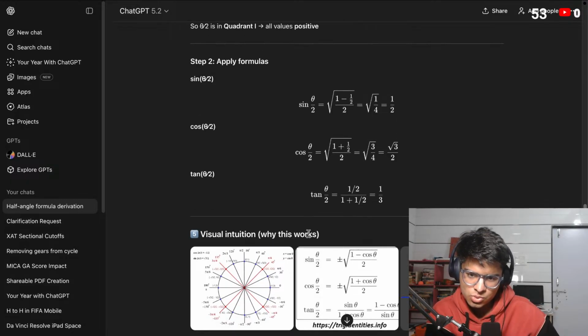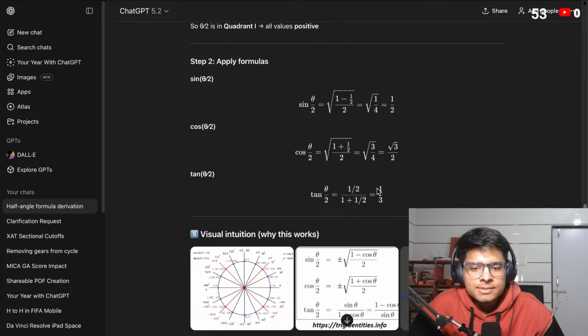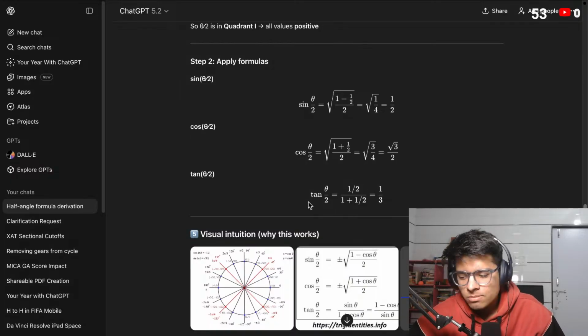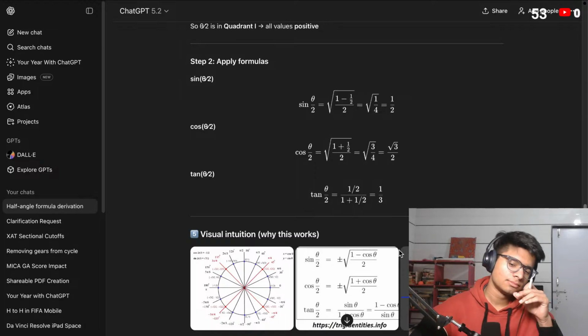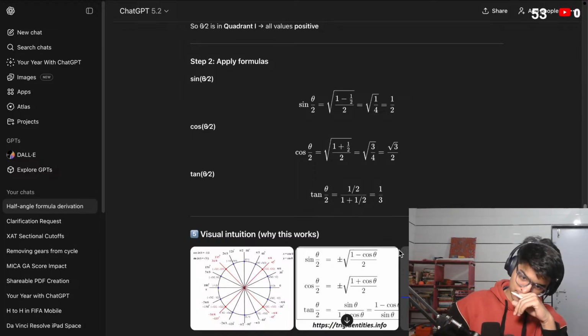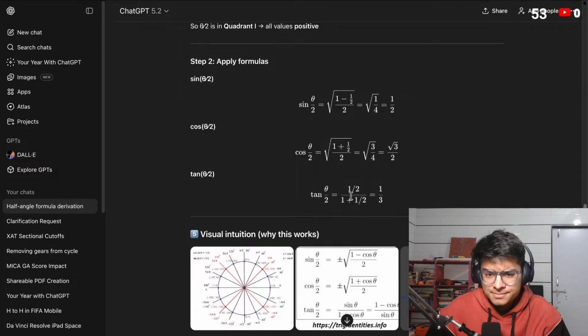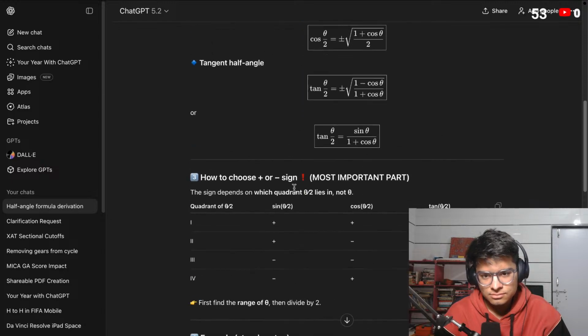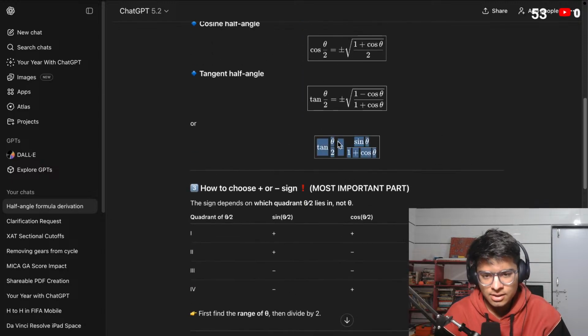Tan theta by 2. For tan theta we have to do sin theta upon 1 plus cos theta.